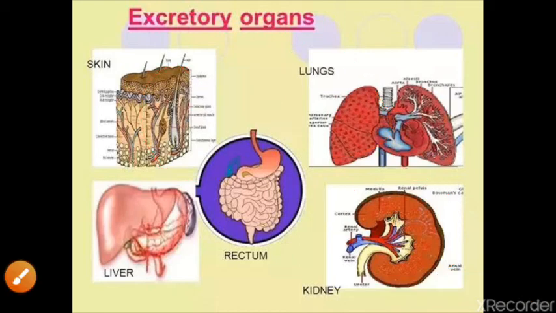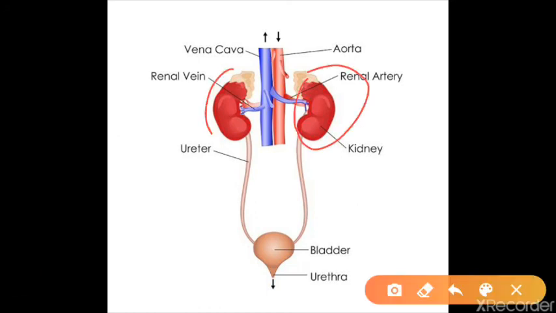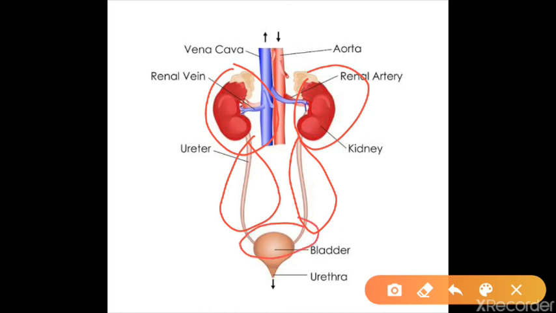So let's see the other image. Human beings have a pair of kidneys, a pair of ureters, a urinary bladder and a urethra. Let's see here: 1 and 2, a pair of kidneys, and here is the ureter, so we have a pair of ureters. Now the urinary bladder, the one written as bladder, is where urine is stored.